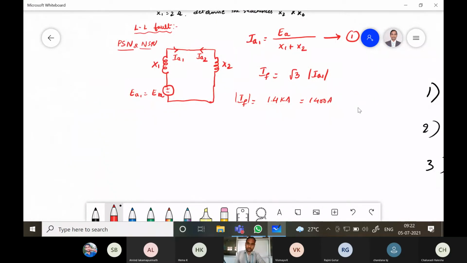Now we can find IA1 from IF. Taking IA1 on this side, the magnitude of IA1 is equal to 1400 divided by root 3, that is the fault current divided by root 3. Calculating it, you will get 808.29 ampere.